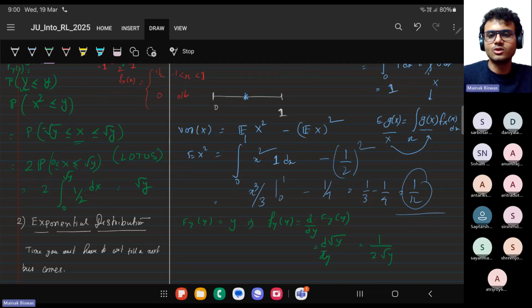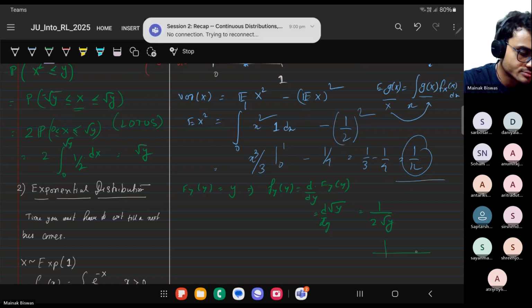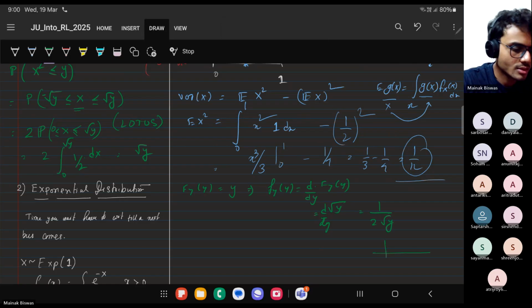So this is the density that you will get. Something like this will be your density function.